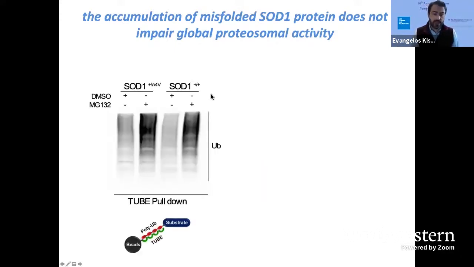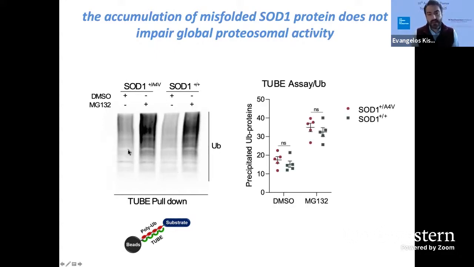We also looked at the amount of ubiquitinated proteins using a pull-down based approach in both mutant and isogenic control motor neurons. And we found, again, that at a time point when there's sufficient misfolded and insoluble SOD1 protein, there was no evidence for global impairment in proteasomal activity, as the amount of precipitated ubiquitinated proteins was not significantly different.